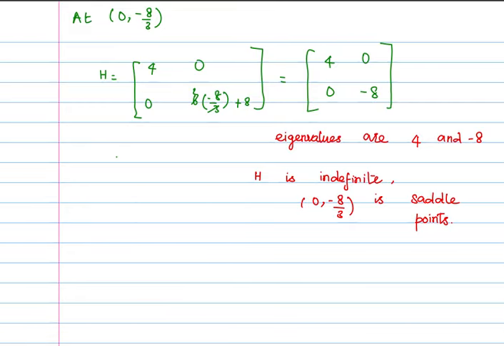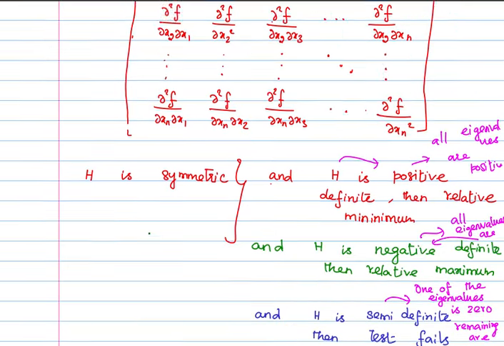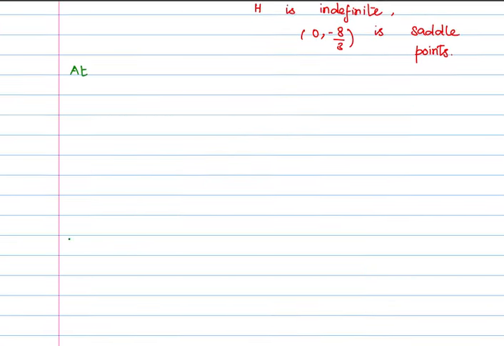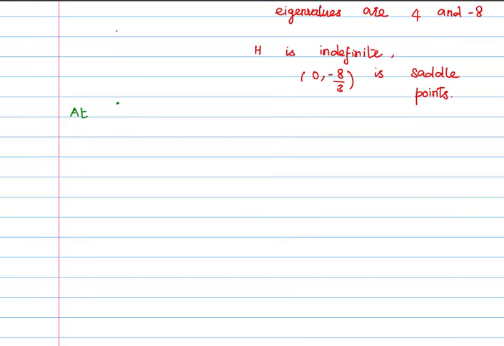Now the next stationary point is (-4/3, 0).